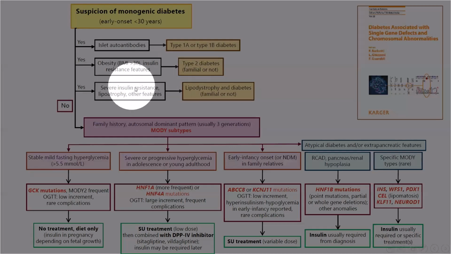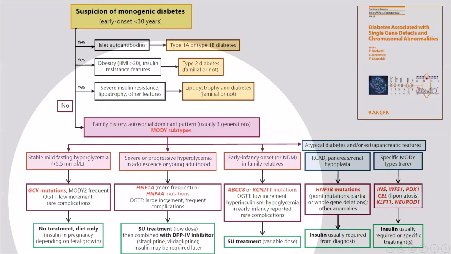If there is severe insulin resistance and lipodystrophy, it is lipodystrophy. Otherwise, we should suspect MODY. If mild fasting hyperglycemia, it is glucokinase and no treatment is required except in pregnancy. If severe or progressive hyperglycemia, it is HNF1 alpha or 4 alpha. And of course, sulfonylurea should be used as first therapy at low dose, then combined with a DPP4 inhibitor.